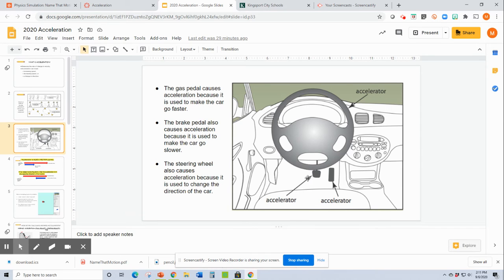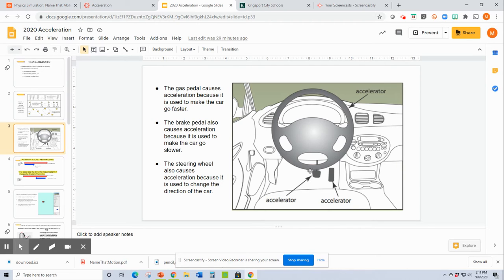So I think that is a great drawing to add in. You don't have to add this drawing in, but it's another way to help you remember what the word acceleration means. So a lot of you are going to be starting to learn how to drive pretty soon. Oh boy. When you hit the gas pedal and you make the car speed up, we would consider that to be an accelerator.